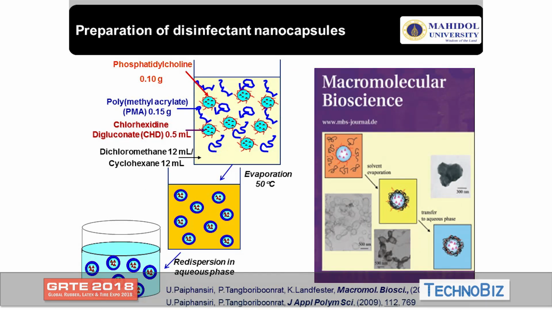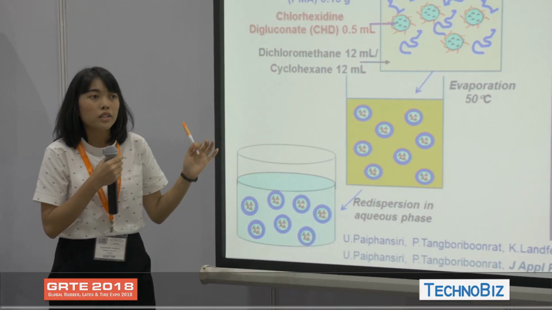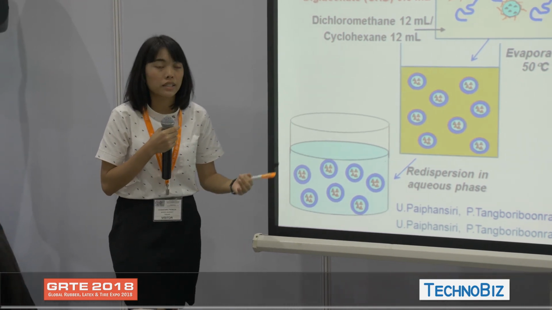Now, we will show you how to prepare the nanocapsules. First, an aqueous solution of CHG was dispersed in an organic medium of dichloromethane and cyclohexane mixture. And in this medium, phosphatidyl was used as surfactant, and polymethyl acrylate, or PMA, was used for shell formation.